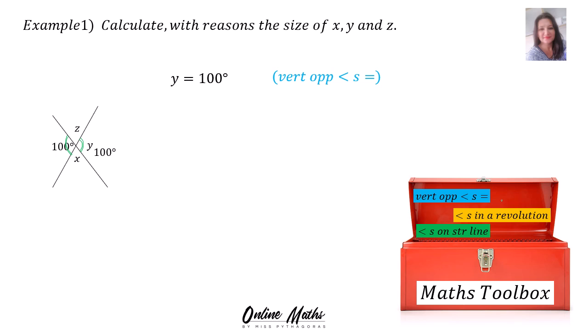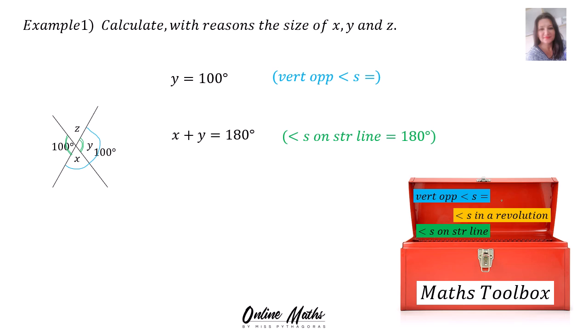Let's go to x. Now, what is happening with x? Can you see x and y? They are adjacent angles on a straight line. And we have a theorem that says angles on a straight line are supplementary, or add up to 180 degrees.